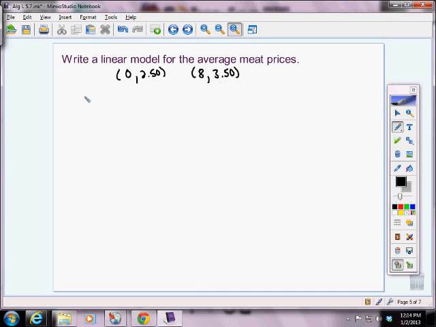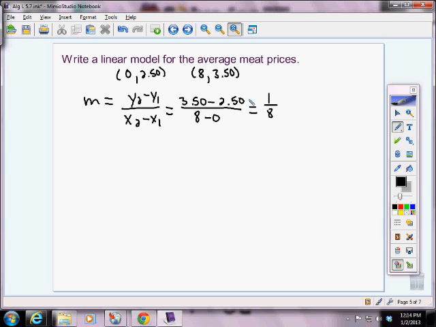Remember, we need to find our slope, and we can do that with the difference in our y's over the difference in our x's. So I can go 3.50 minus 2.50 over 8 minus 0. When we do that, that ends up being 1 over 8. Now you can totally leave it as 1 over 8, but a lot of times with real life problems, we end up changing the slope to a decimal.